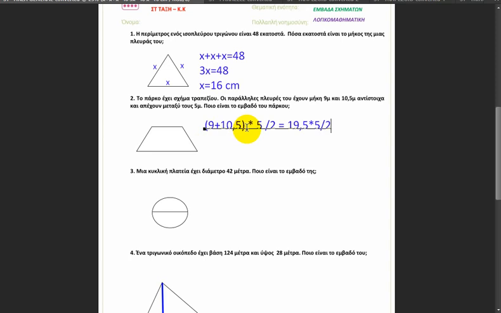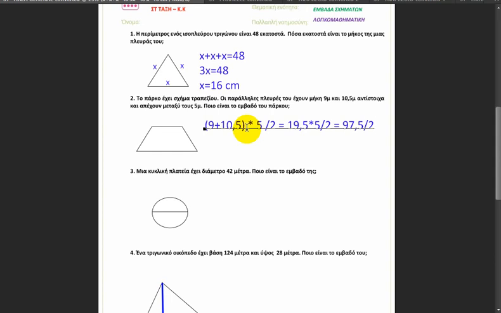19.5 times 5 is going to give us how much? Let's think about this. Okay, well, let's be sure. 97.5.